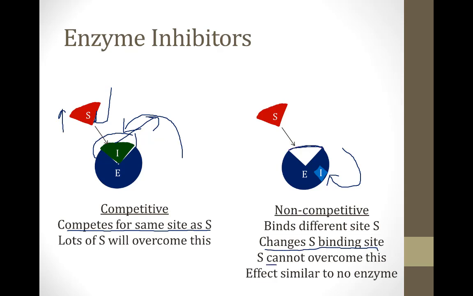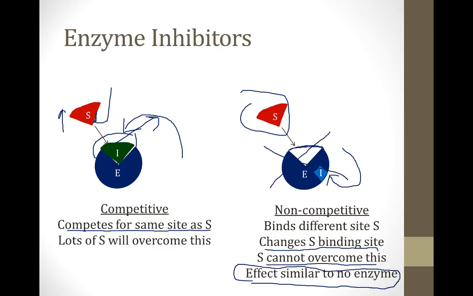So you can't overcome this by putting a lot of substrate into this system. Essentially, the enzyme has been changed into a form that doesn't bind S anymore. This is the same effect as if you didn't have enzyme around at all. So you can think of non-competitive inhibitors as enzyme destroyers. They essentially have the effect on the body of taking the enzyme out of the equation and not allowing it to do its job anymore.